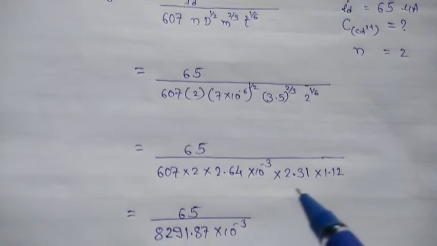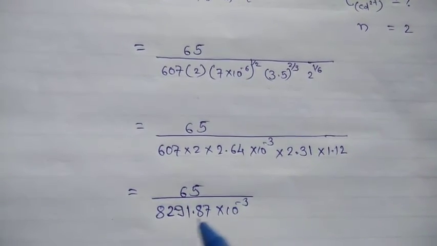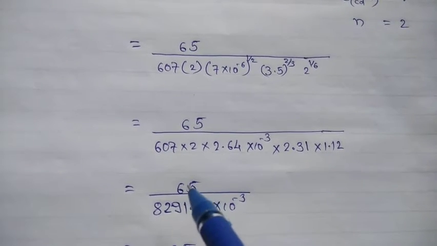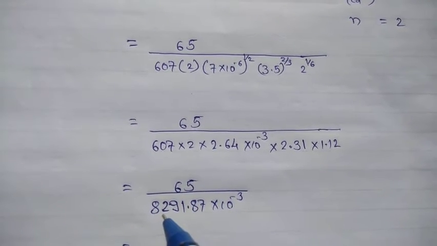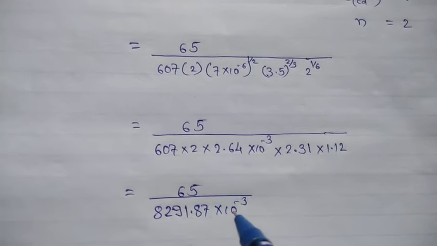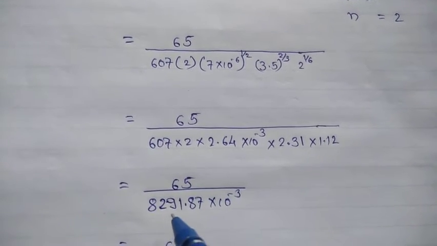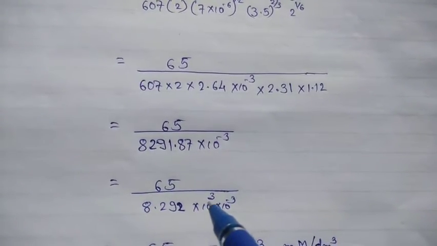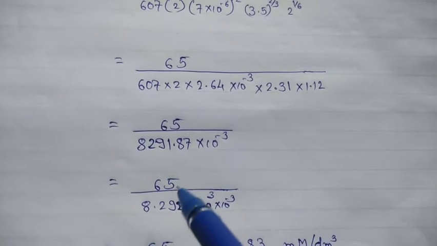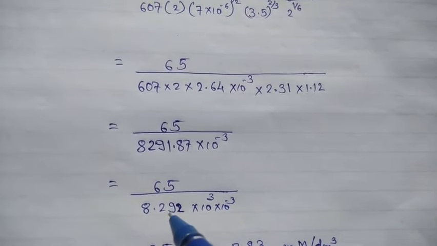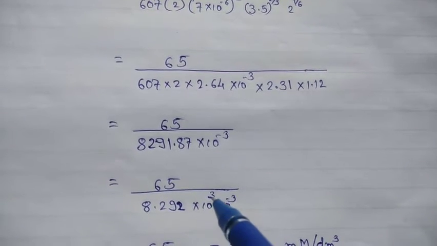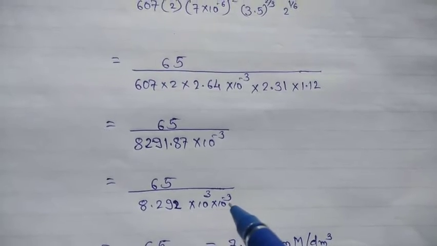So after calculating all these terms, we will have 65 upon 8291.87 into 10 to the power minus 3. Okay, so this factor can be modified as 10 raised to 3. So we will have 65 upon 8.292 into 10 to the power 3 into 10 to the power minus 3.